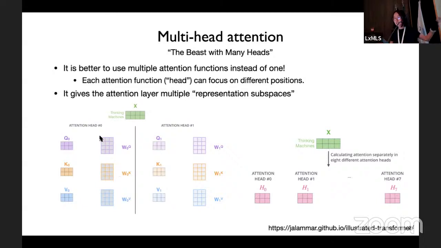And for attention head 0, you can get one output matrix H0 here. Let's say if you have 8 attention heads, you can just do this 8 times separately with totally separate sets of the QKV matrices. You can get 8 different output matrices H0 to H7.